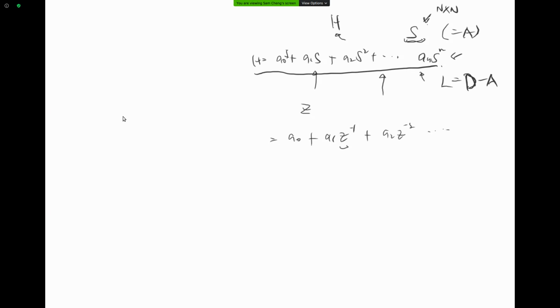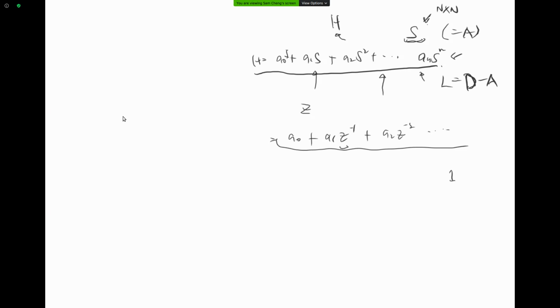And this is shift invariant because I have the same filter applying to the signal no matter whether it's shifted or not. For example, I have a very simple signal, just a delta, equal to 1 at time equal to 0.